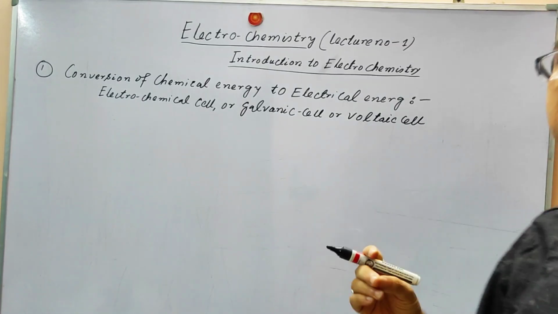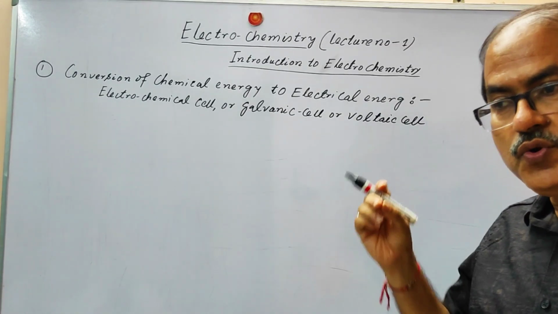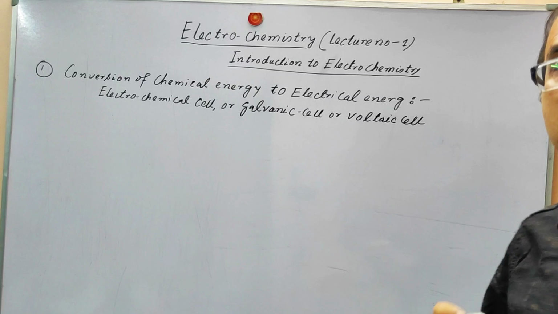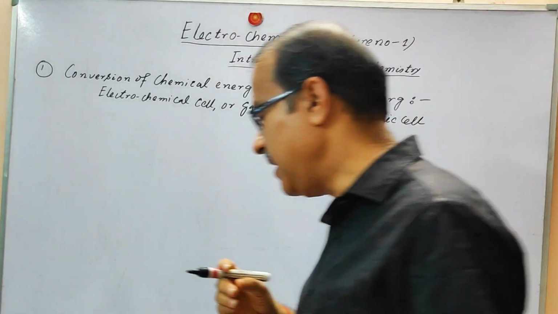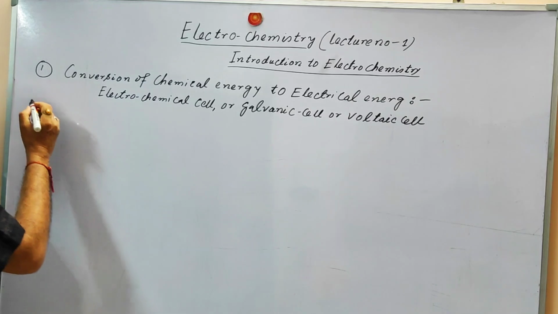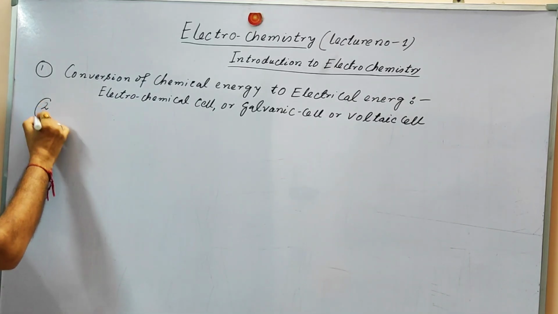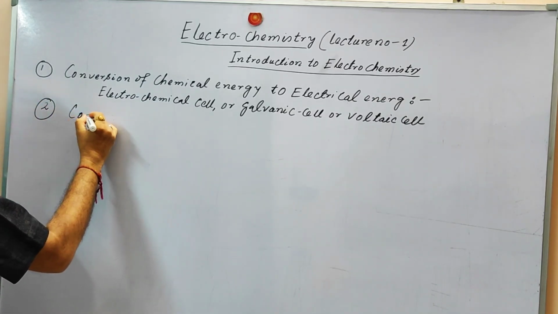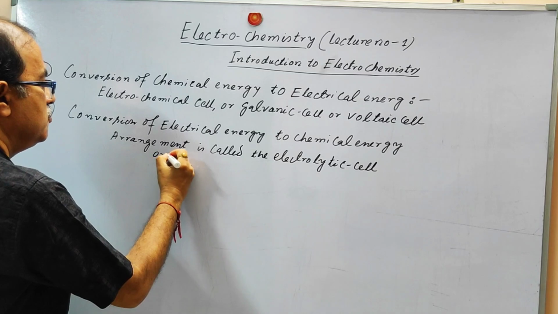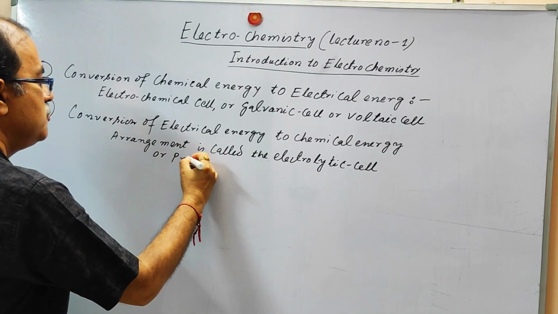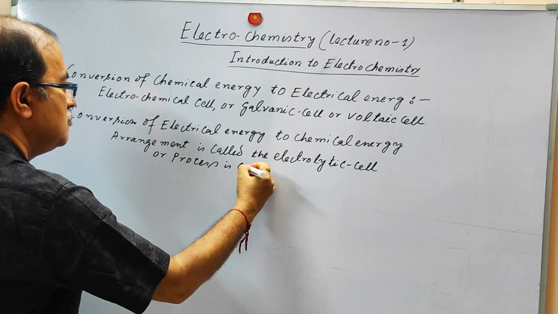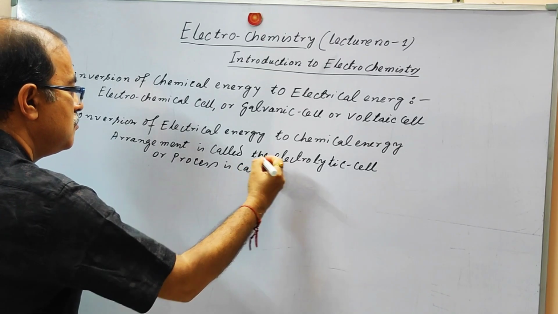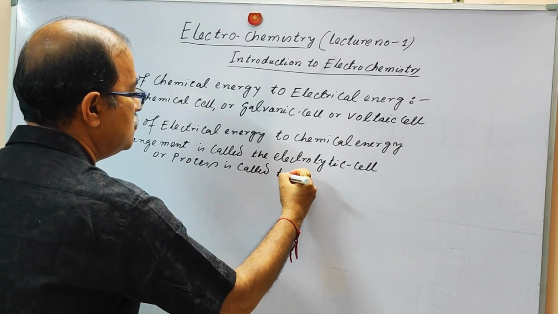By using electrical energy, we carry out the non-spontaneous chemical reaction, and that is the other aspect of electrochemistry, conversion from electrical energy to chemical energy. The process is called electrolysis.